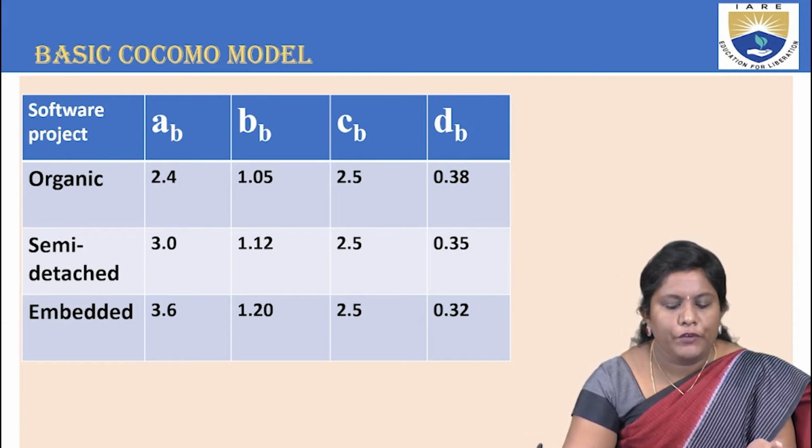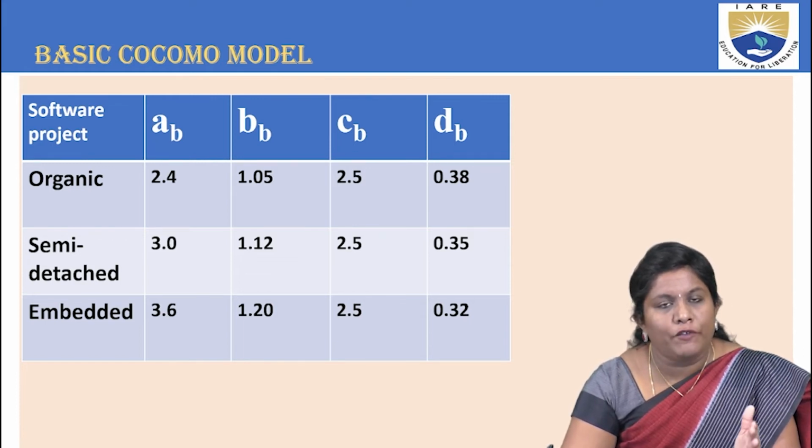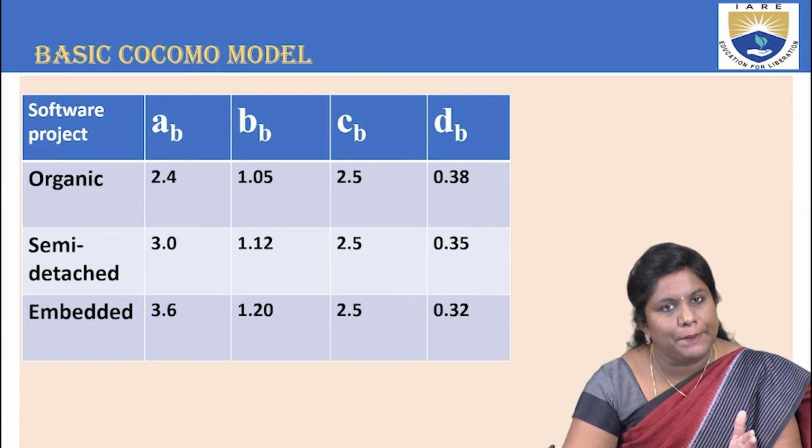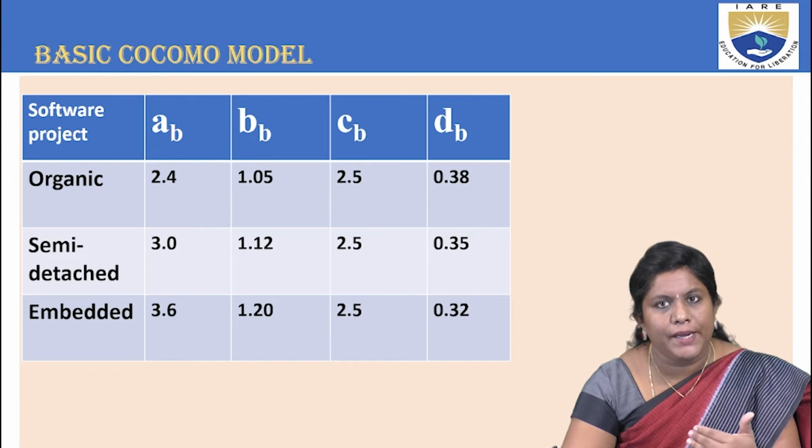Using this table, we can substitute the values into the above formulas and get the outputs. As we have seen earlier, a software project falls into 3 classes: organic, semi-detached, and embedded. You have 4 coefficients, AB, BB, CB, and DB.